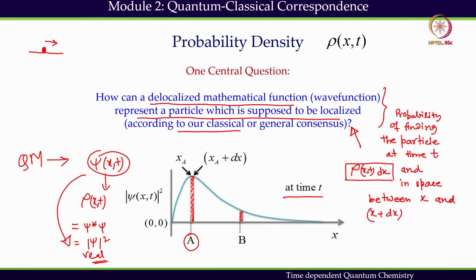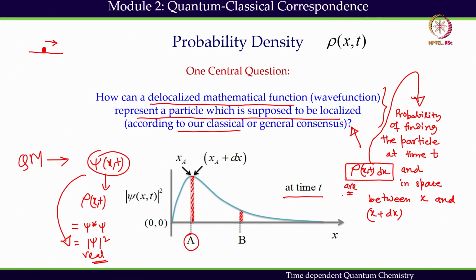That is the probability of finding the particle, and this is nothing but the area.